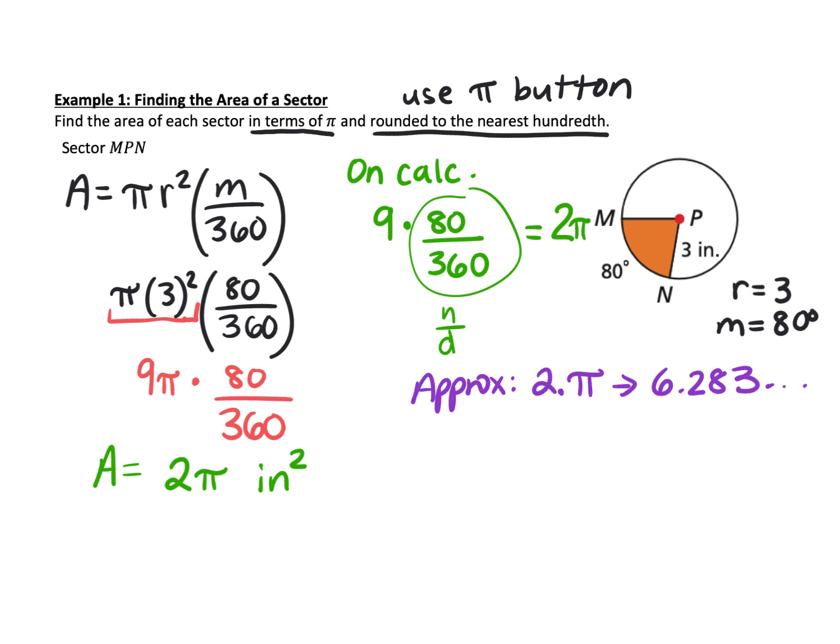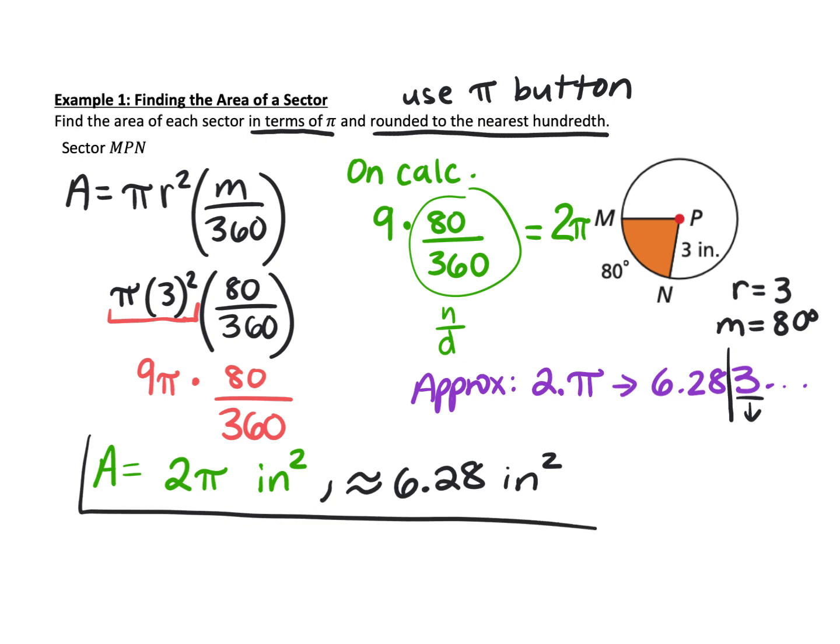Now, when we round to the nearest hundredth, that's 2 decimal positions. The 3 in the third decimal position tells us to round down. So the approximate area would be 6.28 square inches. We'll look at how to type that in the calculator in the next example.